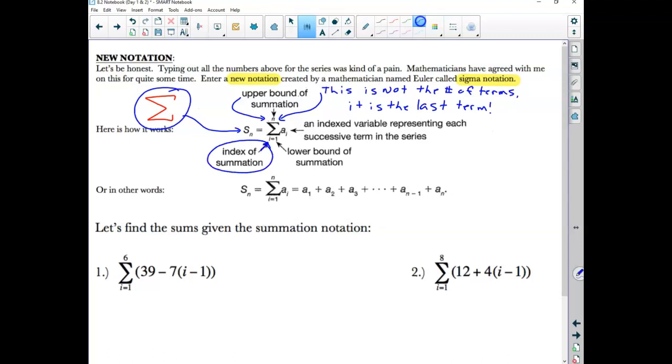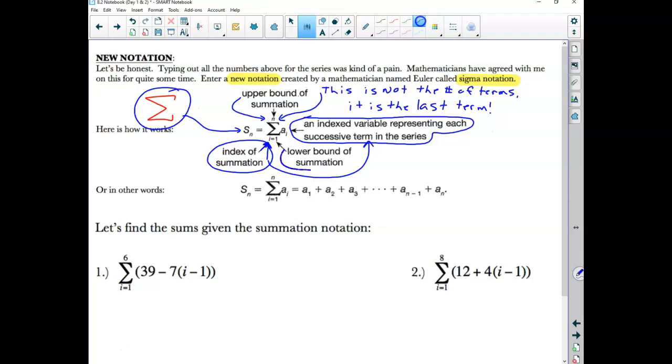The index down here has to be the variable in your function. You can call it i, n, g, or q, whatever letter you want, as long as that letter is the variable in your function.